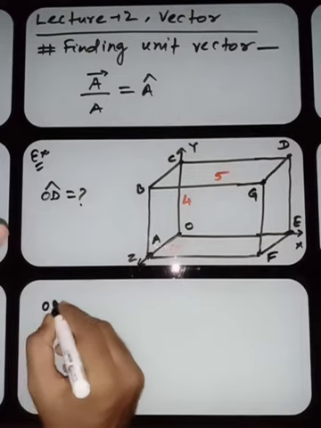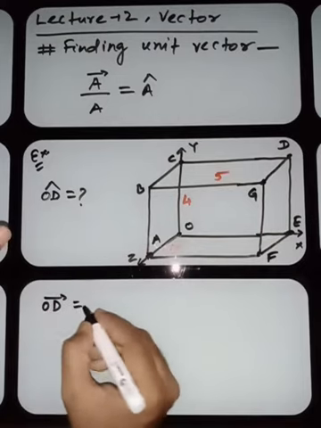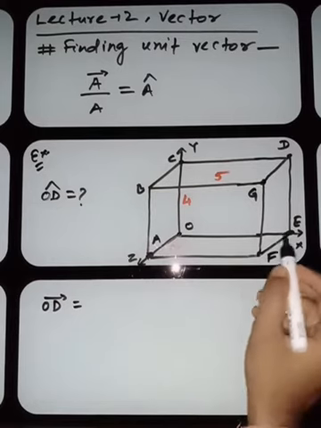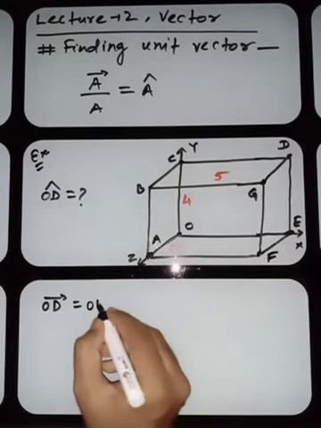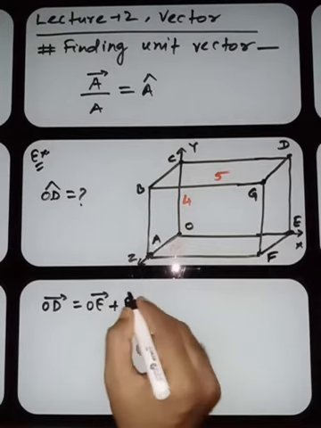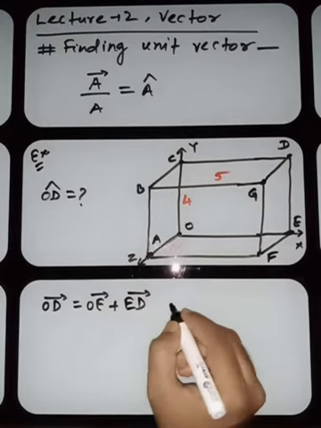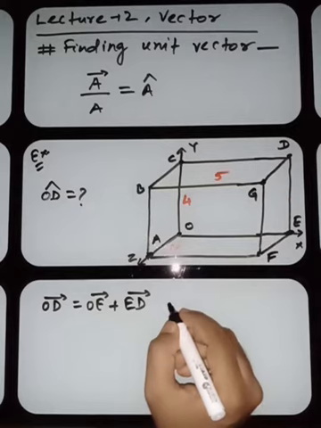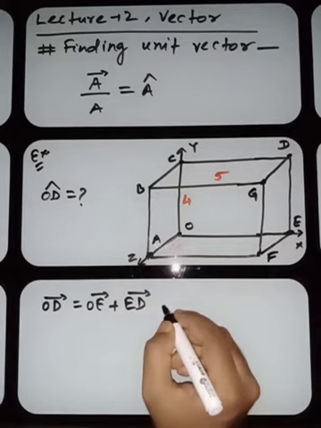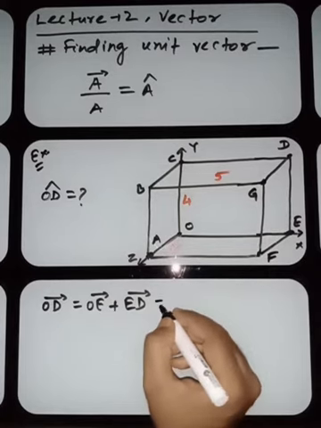Here OD can be written as OE plus ED. Those students who have not seen the previous lecture, kindly go to the previous lectures and then come back here. That will be more beneficial.